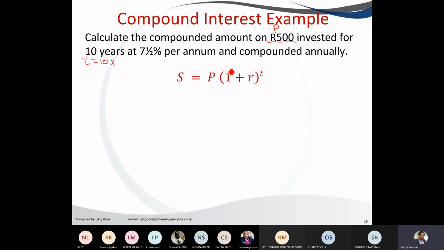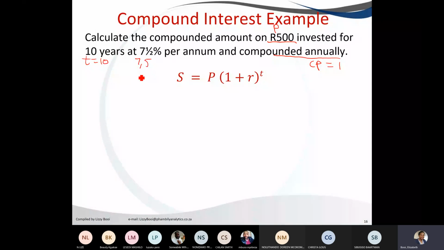Our compounding period is annually. So then it will be 10 times 1, which is the same as 10. I don't have to repeat it again and again. So when it's compounded annually, it means we multiply 10 by 1. 7.5 is our rate.